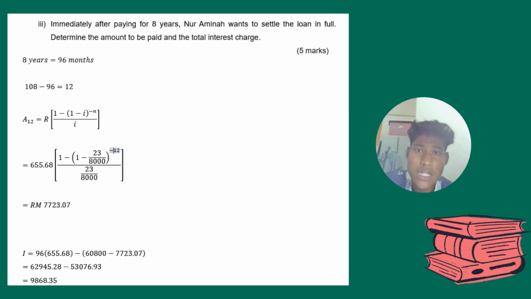After that she wants to know the total interest charge. To find the total interest charge, we must use the formula I equal nR minus A. So putting in all the information, I equal 96 open bracket 655.68 close bracket minus open bracket 60800 minus 7723.07 close bracket.